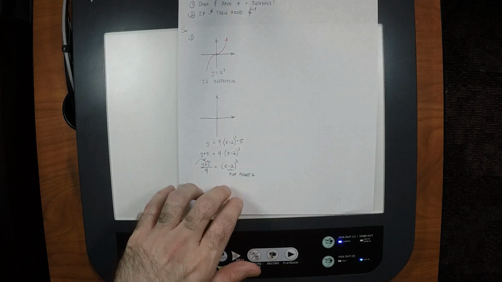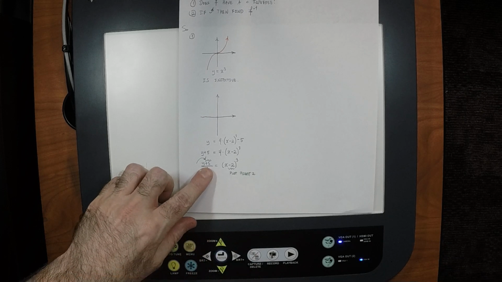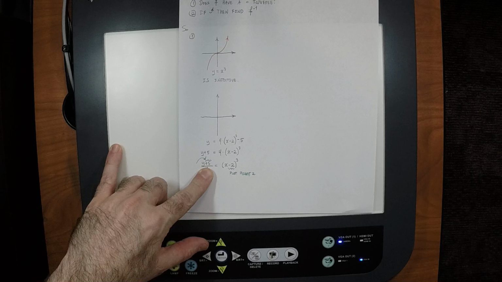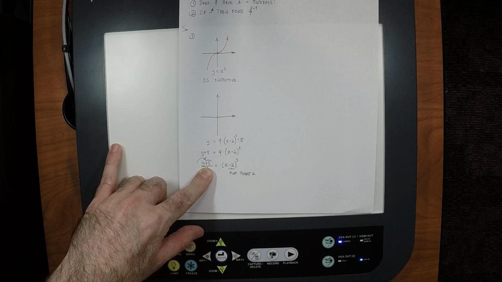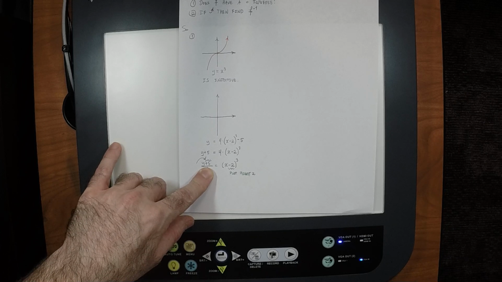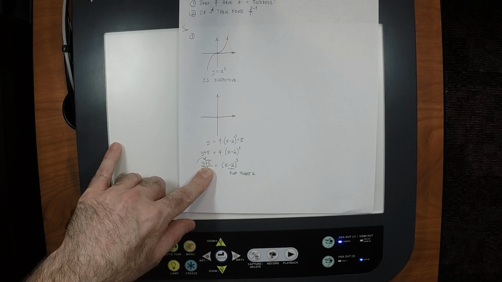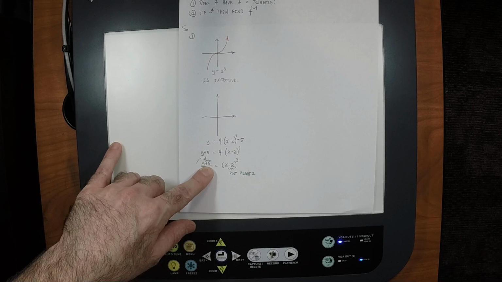So in the first place, is it going to be a horizontal thingy or a vertical thingy? It's going to be a vertical something or other. And just looking at the plus 5, is it going to be a shift or a scale? It's going to be a shift because it's an add or a subtract. So how is the plot going to shift then? It's going to have to be up or down because it's vertical.